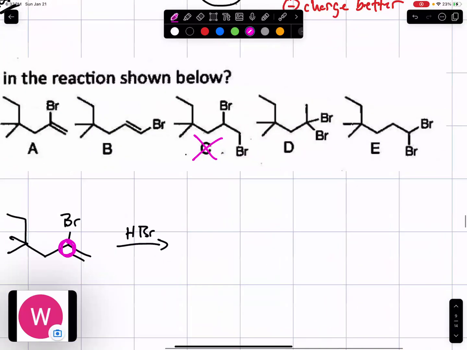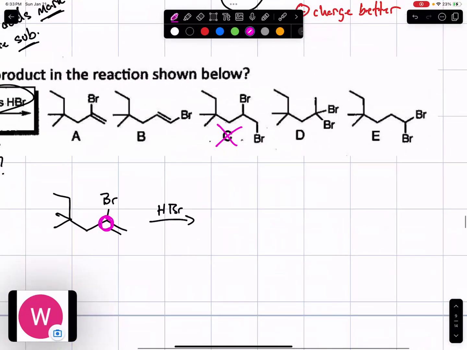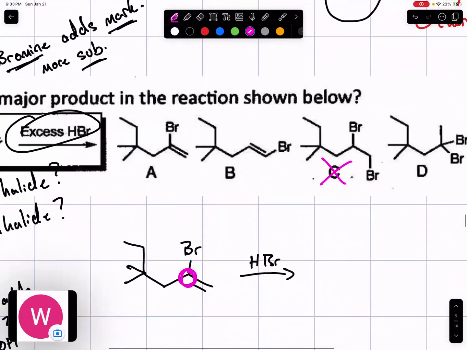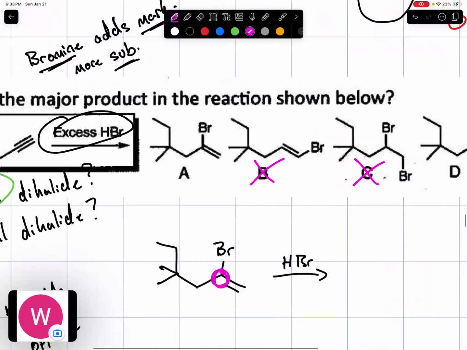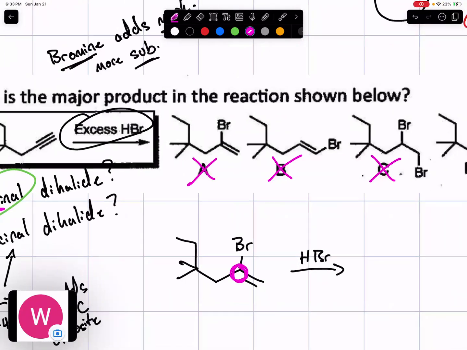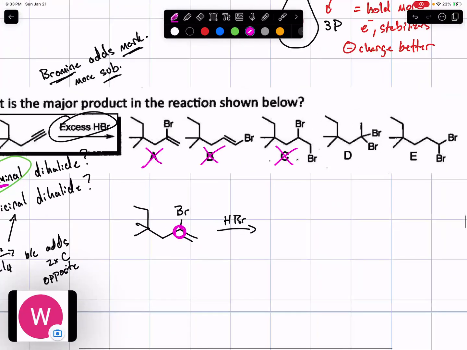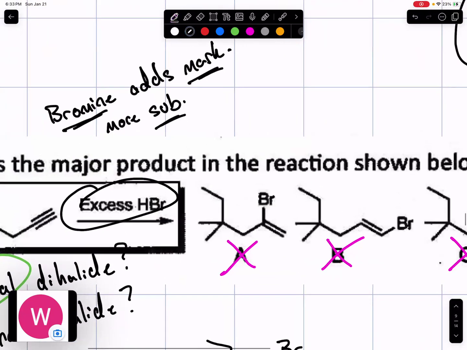Okay, so if we're adding to the most substituted side, do we have an answer? And we know that it's not doing this, because it's excess. This would work if this was 1 equivalent HBr, right?